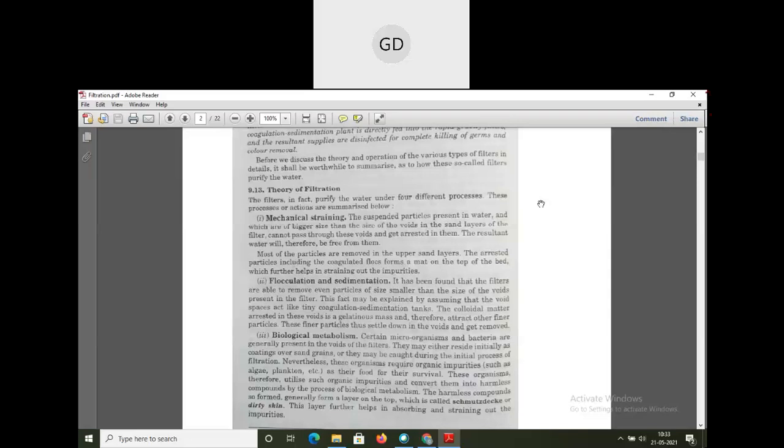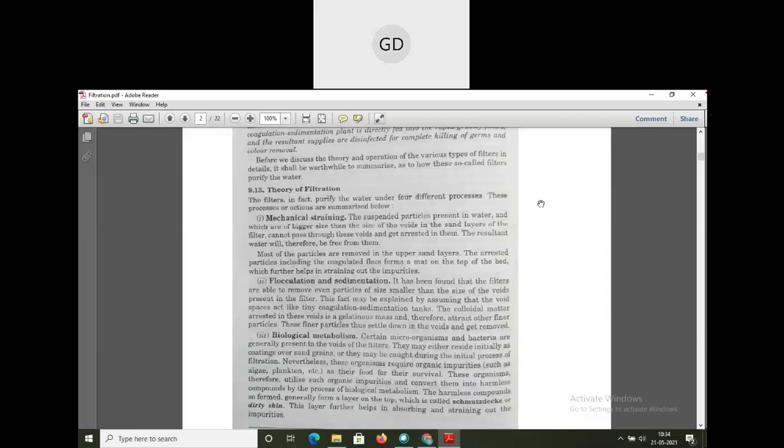Now the second one is flocculation and sedimentation. It has been noticed that filters are able to remove particles of smaller size than the voids also, not only particles greater than the voids.